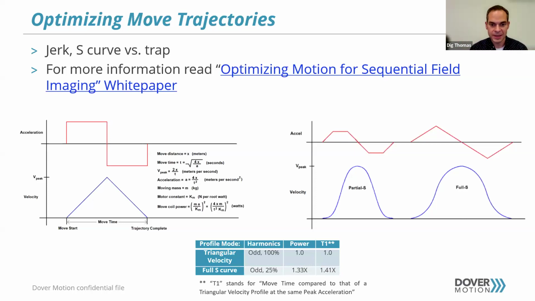But in the end, that often ends up with an overall shorter move and settle time. Because with triangular, you may make it in 80% of the time, but then you spend another however long sitting there trying to settle because you've excited everything in the room. S helps solve that.